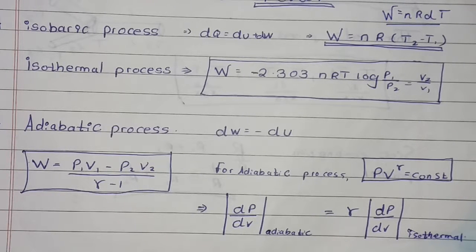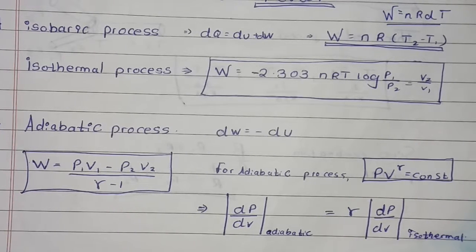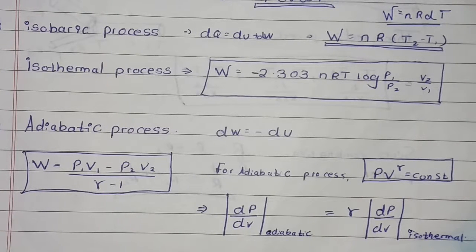Of course, for adiabatic process, PV to the power gamma equals constant, where gamma equals Cp upon Cv. So PV to the power Cp upon Cv is always constant for adiabatic process, because the heat is constant. Pressure and volume to the power gamma would be constant, nothing else.